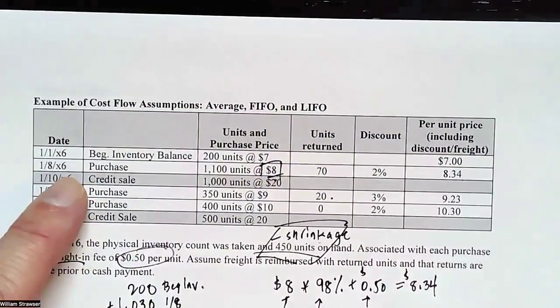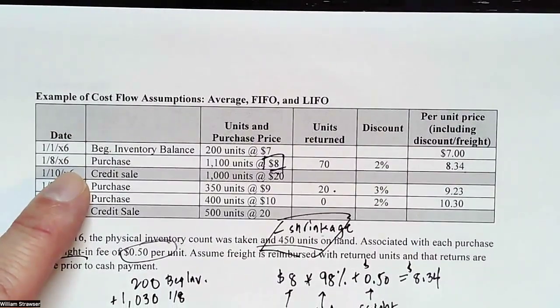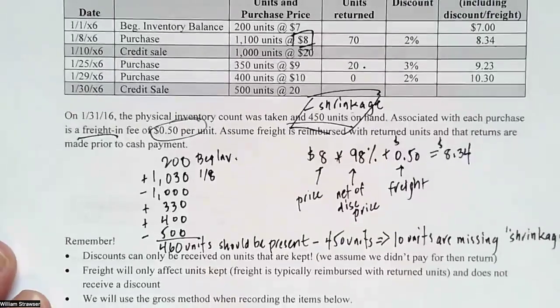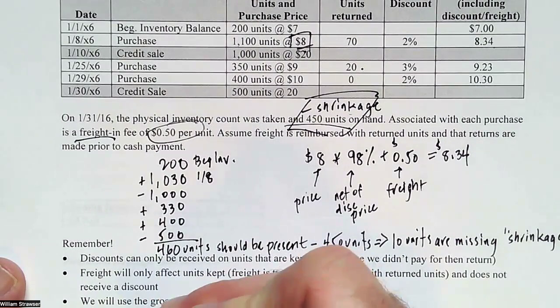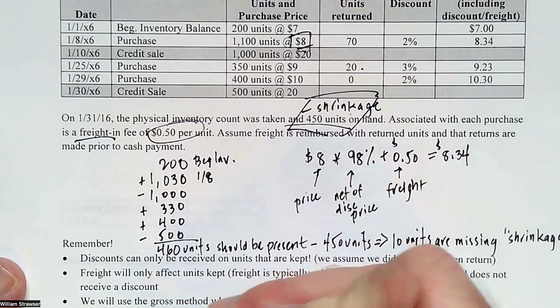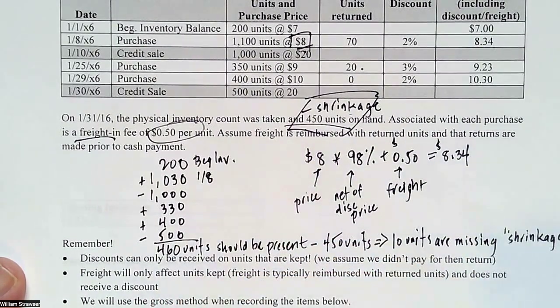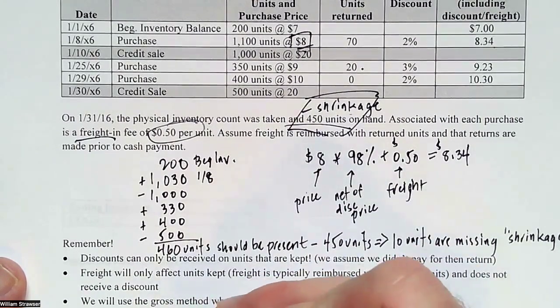FIFO perpetual says the oldest things are the first things sold. So when I do perpetual system accounting, I queue up the date of the entry. So we're at 1/10, and we have 1,000 units sold.